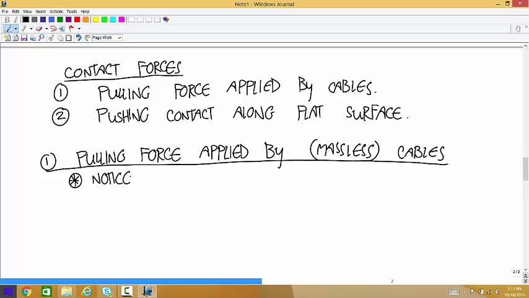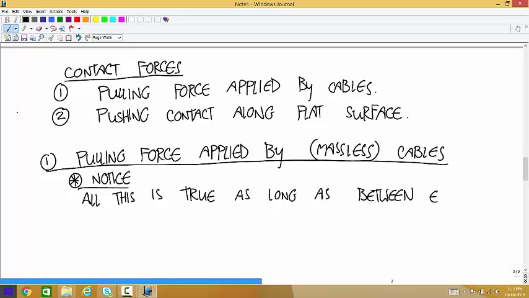And one thing to keep in mind here, notice all of this is true as long as between the ends the cables only contact massless, frictionless pulleys.